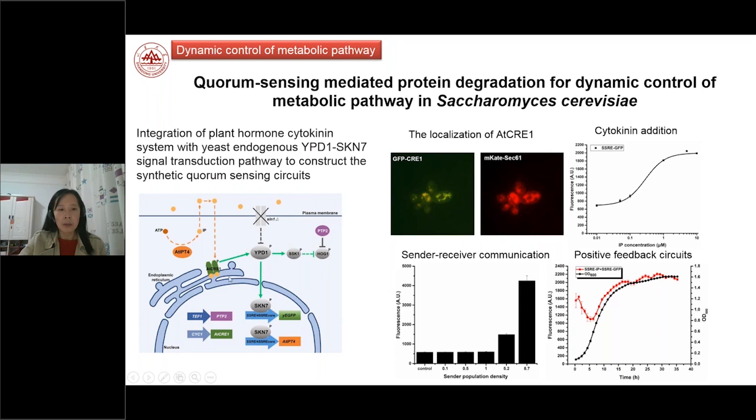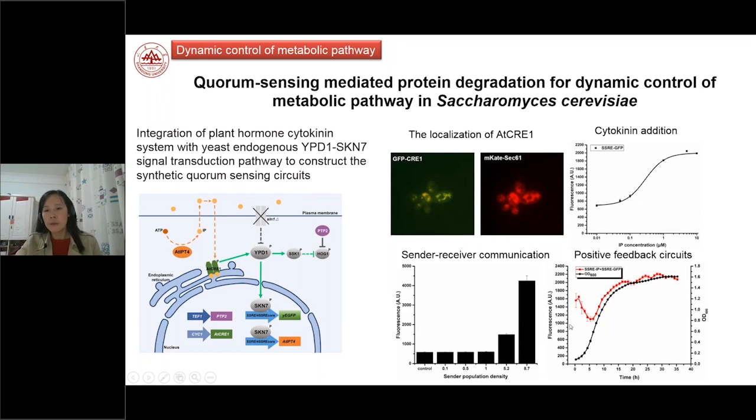We confirmed the location of the receptor and also expressed the enzyme which can synthesize the signal molecule. And then at last, we proved that this system actually works in yeast, and it can sense the cell density and respond in a density-dependent manner.